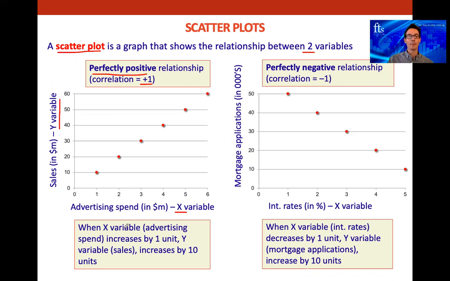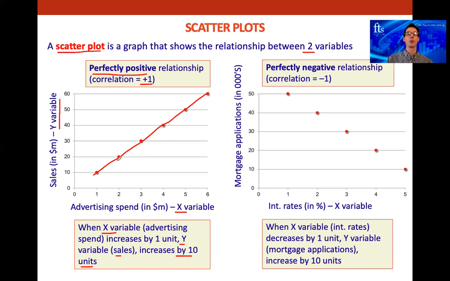We can see here that when the x variable, which is our advertising spend, increases by 1 unit, it goes up by $1 million at a time. We see that the y variable, which is our sales, increases by 10 units at a time, by 10 million at a time. So in other words, these two are moving in perfect lockstep. So we can draw a straight line through these dots. So there's a perfectly positive relationship between the two.